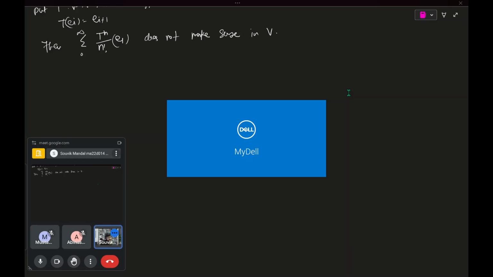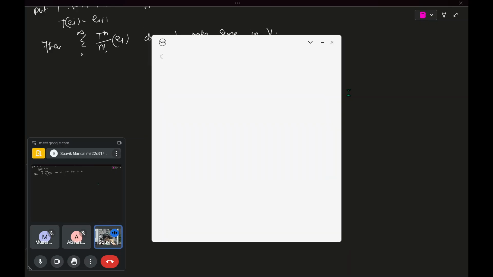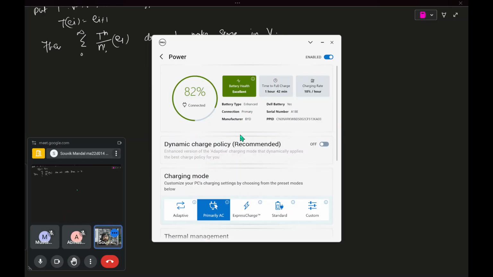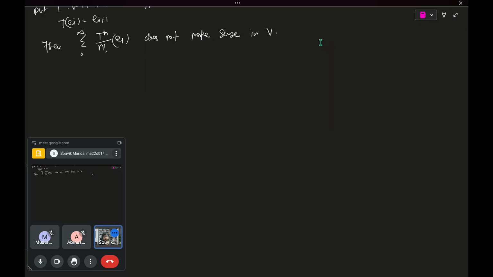Sorry for the inconvenience. Due to some issue, the Google Meet along with screen sharing was not working. That's why I had to restart it again. Well, sorry for the inconvenience.